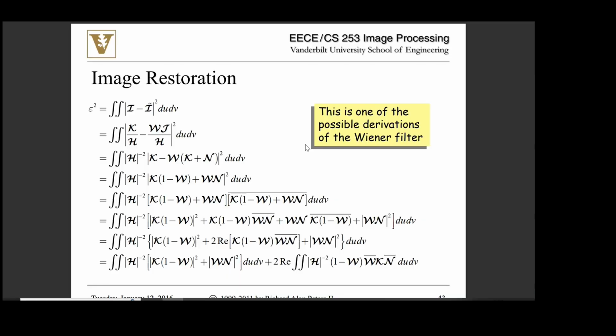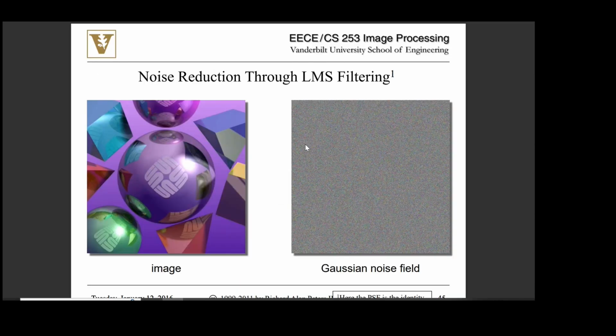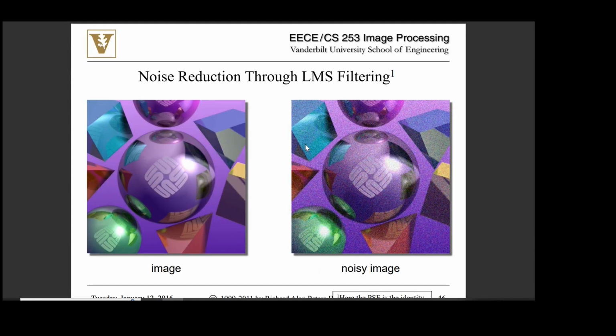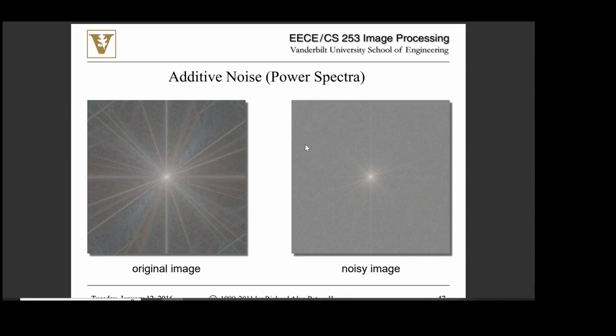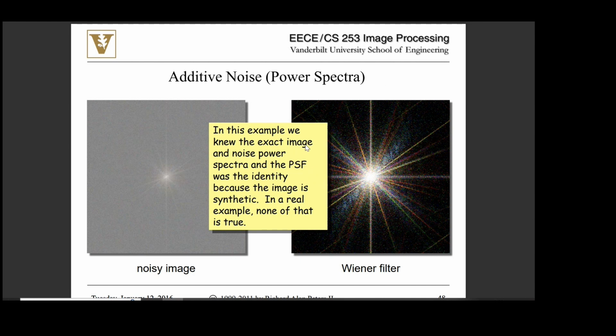Okay, so let's see how we can apply that in practice. So let's say we have an image, we have a Gaussian noise, then this is the observation, and then these are the different spectra, and this is the Wiener filter. So the Wiener filter is somehow encoding the signal to noise ratio at each point. So these points here that have a lot of signal to noise ratio will be given a lot of weight.